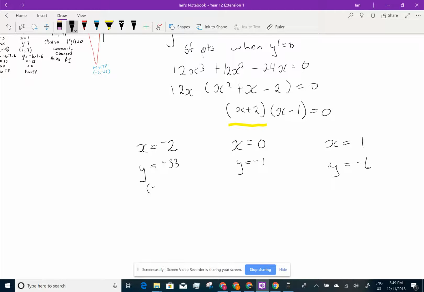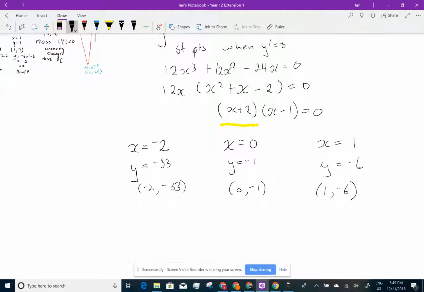So at negative 2, negative 33, at 0 and negative 1, and at 1 and negative 6. So I'm thinking it's going to be that W. Now, I have to find what the second derivative does.